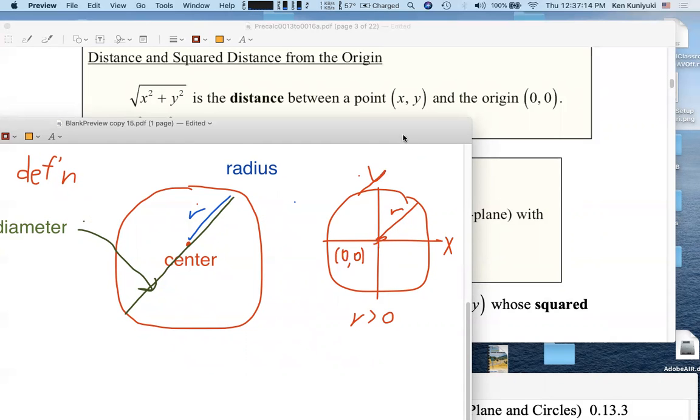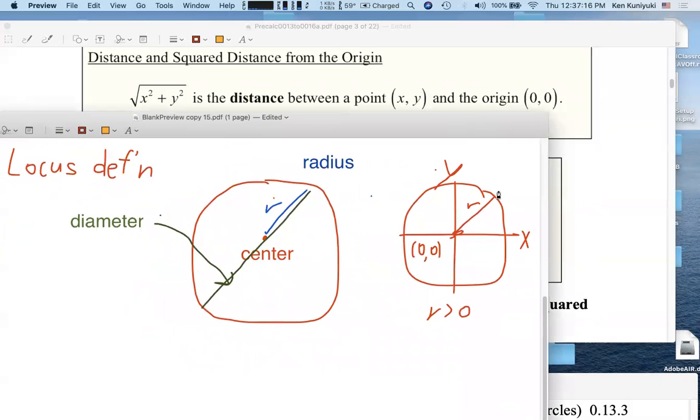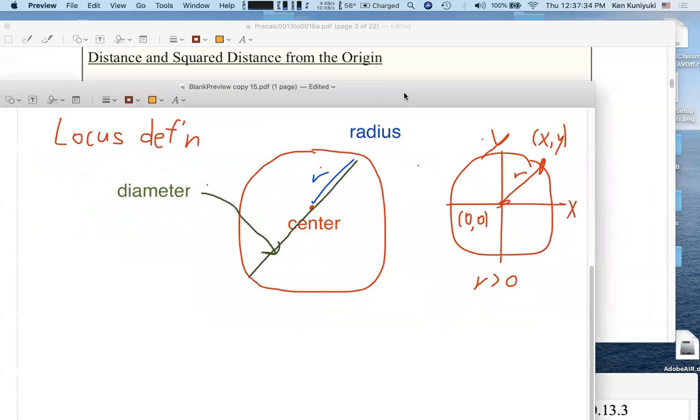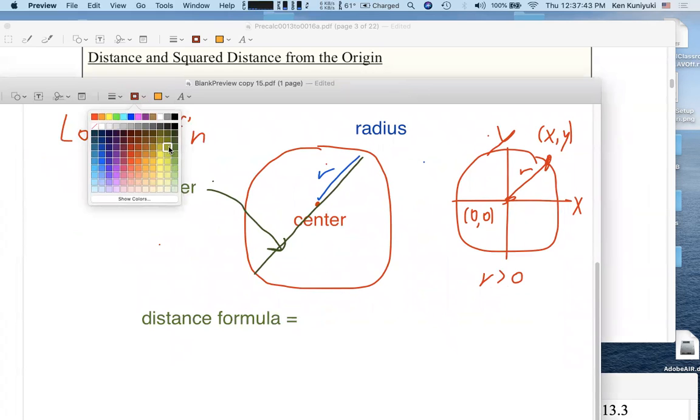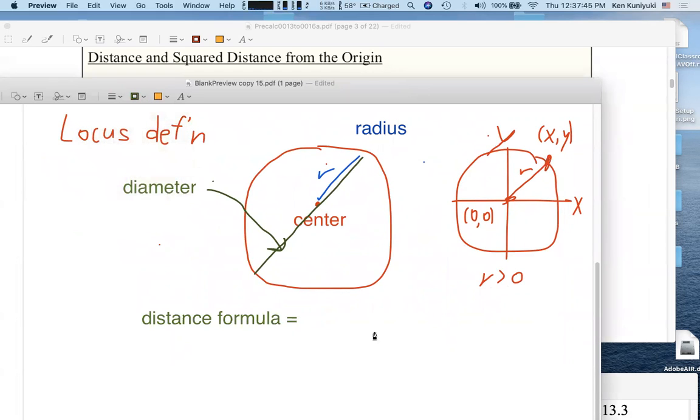Well, if I take a generic point, xy on the circle. First of all, how can I represent the distance between this generic point xy and the origin 0, 0? I can use the distance formula. And from the distance formula, what do we get? What's the distance between x, y and 0, 0?